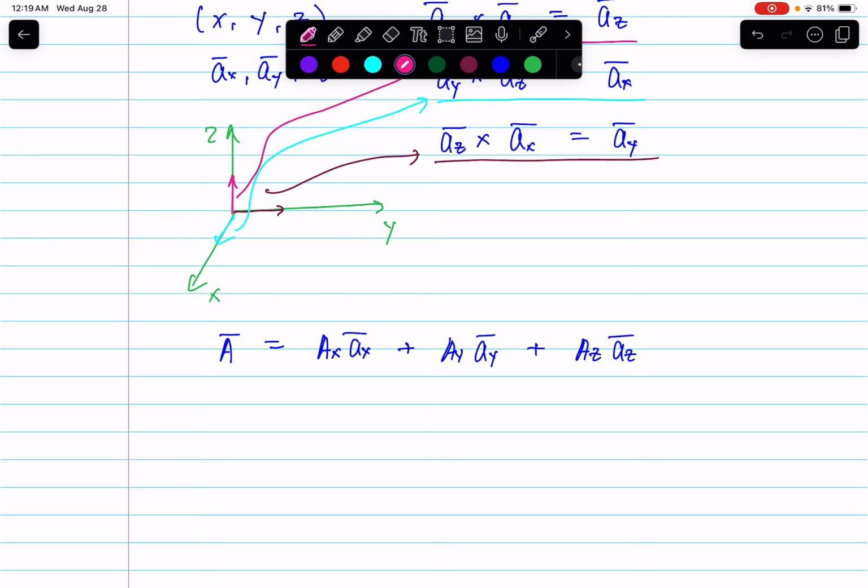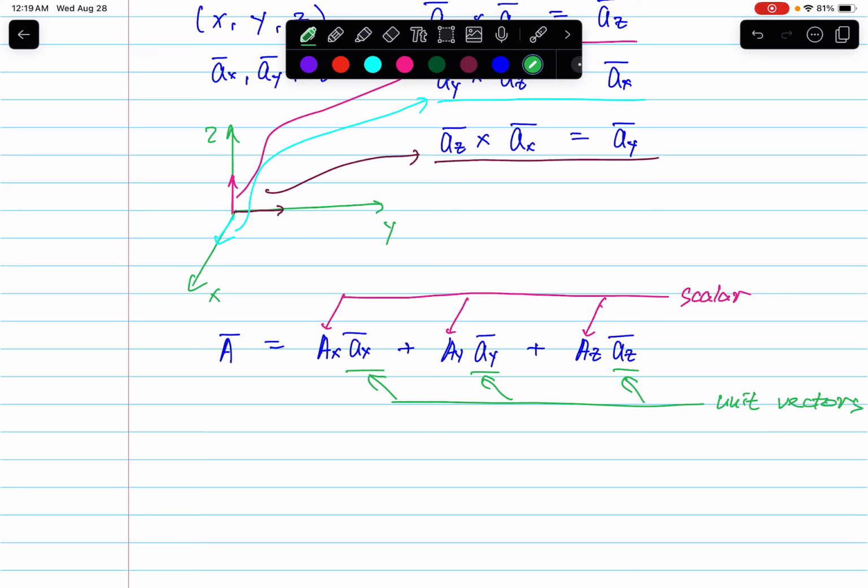Again, these guys are all scalars, and these guys are all unit vectors, or in this case we call them base vectors.